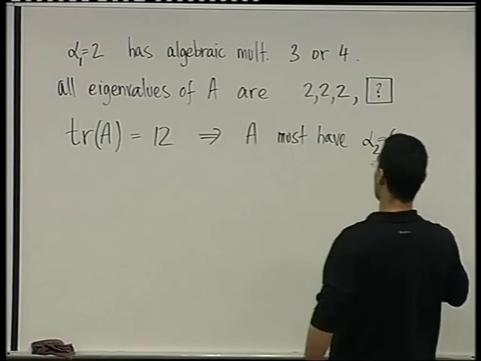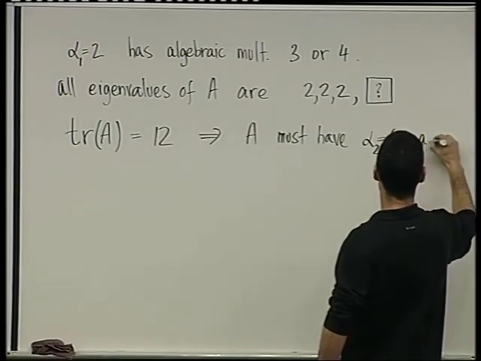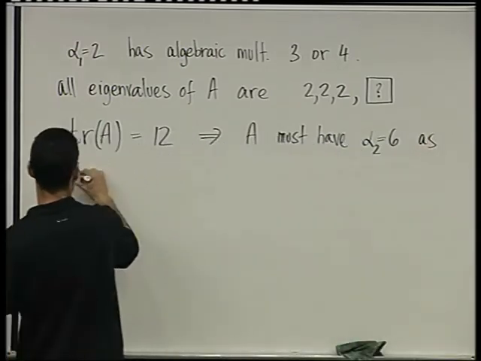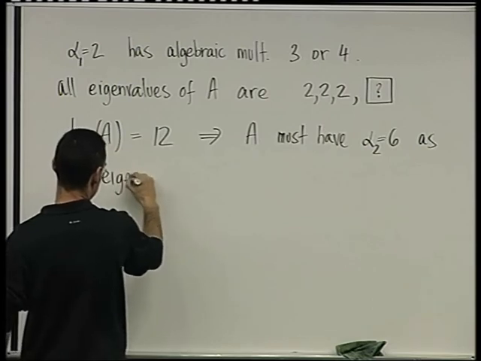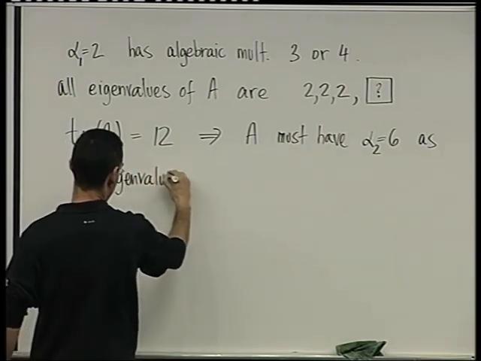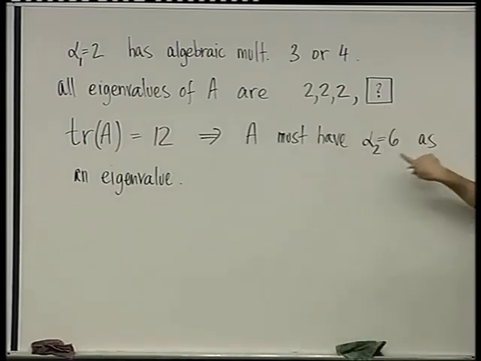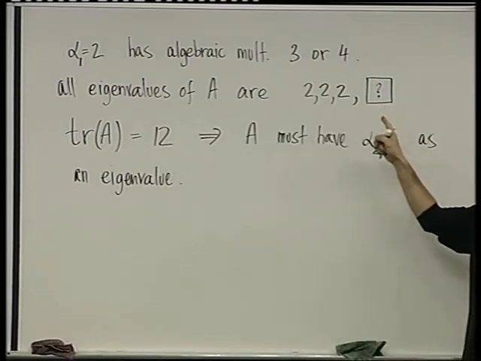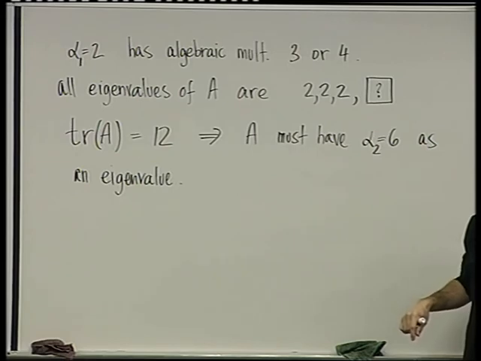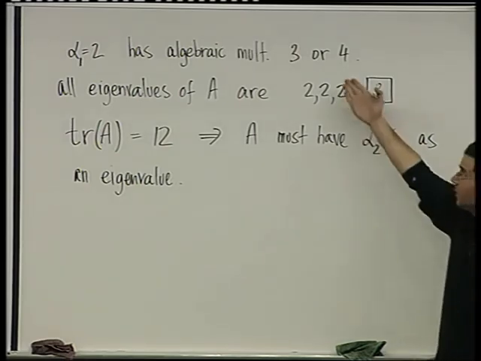A must have alpha 2 equals 6 as an eigenvalue. Okay, so this mystery box has to be a 6, because the sum of these has to be, the trace has to be 12. Do you agree?